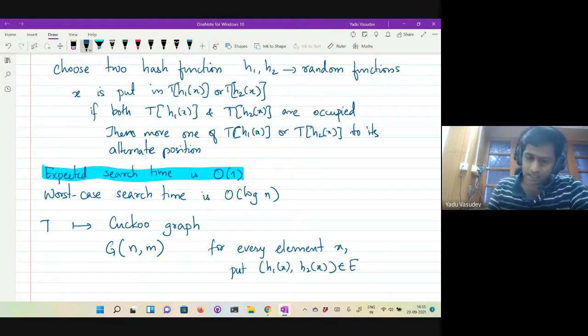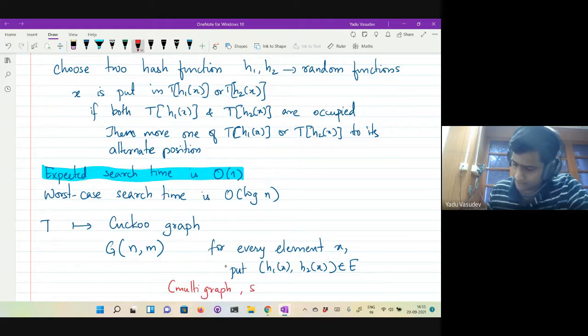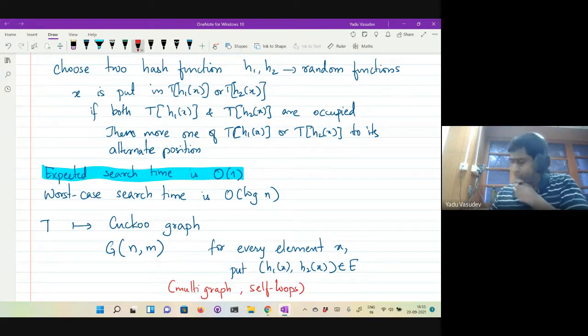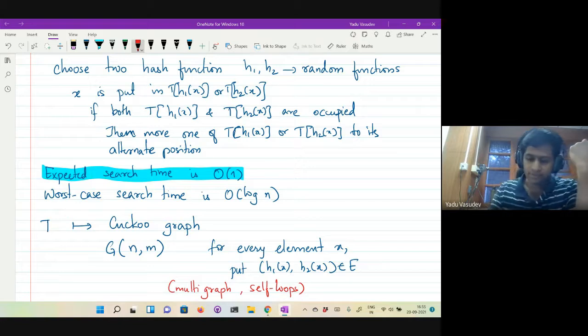So this graph is a multigraph and contains self loops, right?